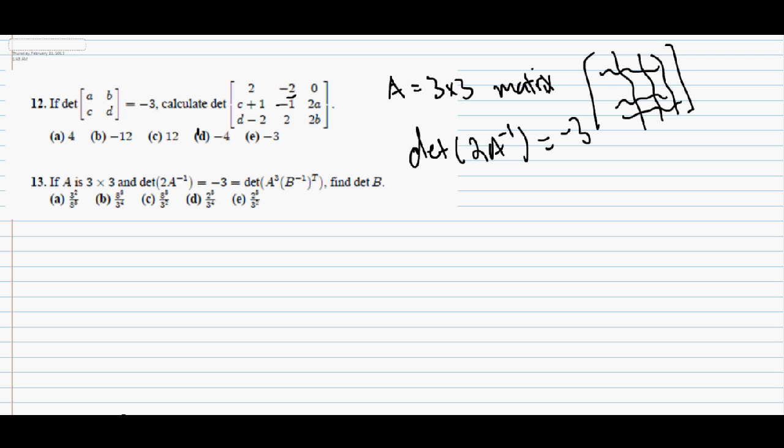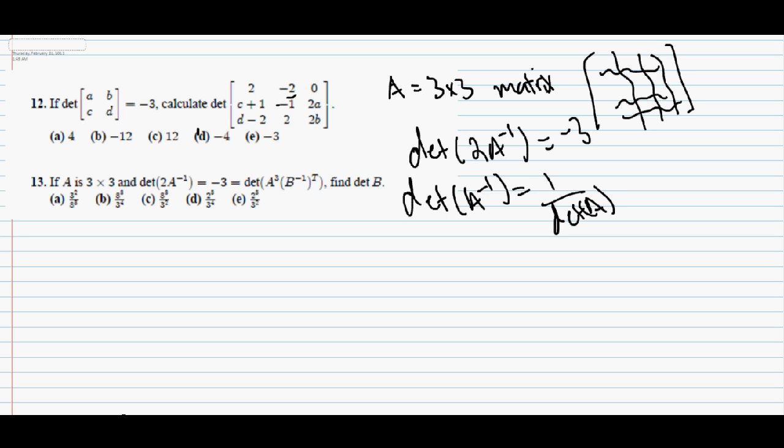One thing we want to note is that when we take the determinant of the inverse of a matrix, it's actually just 1 over the determinant of the regular matrix. Note that down and memorize that.